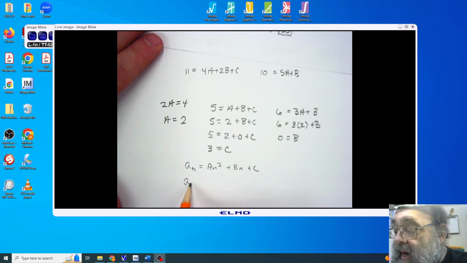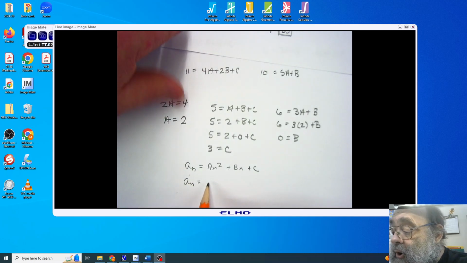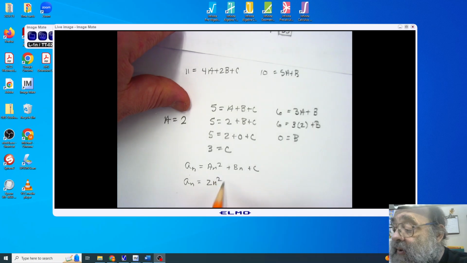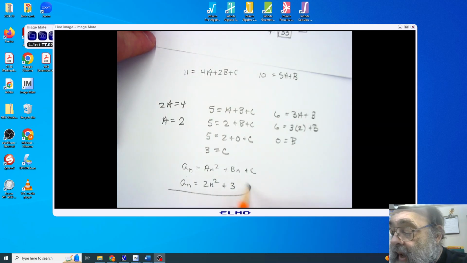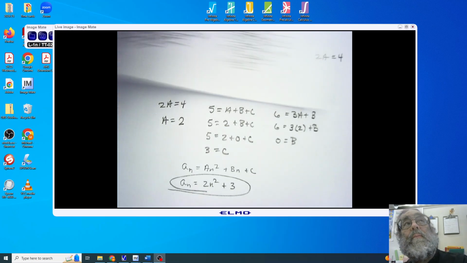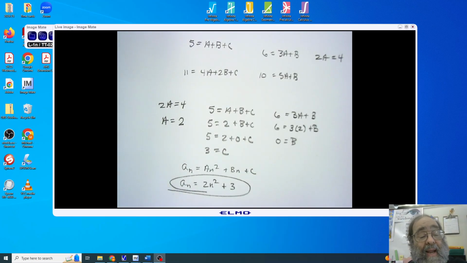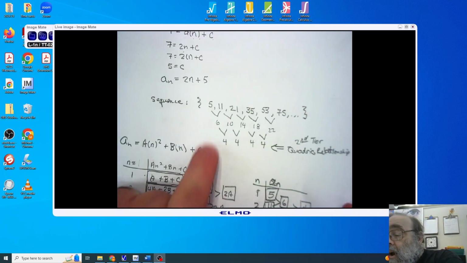That's going to give me a sub n equals 2n squared plus 0b plus 3. And this is the rule for the quadratic that I gave you at the beginning.